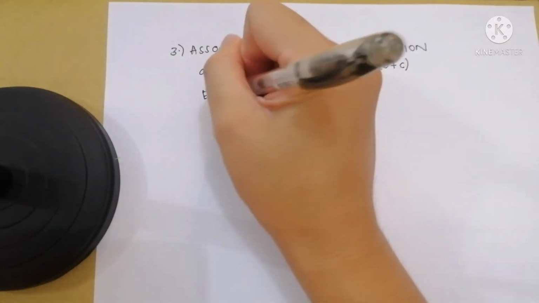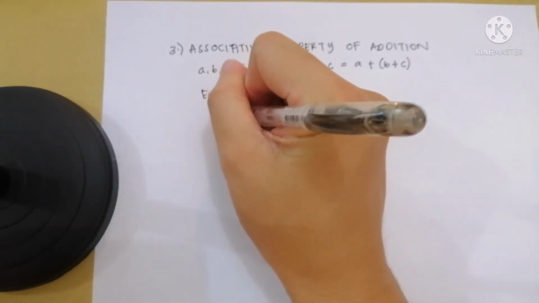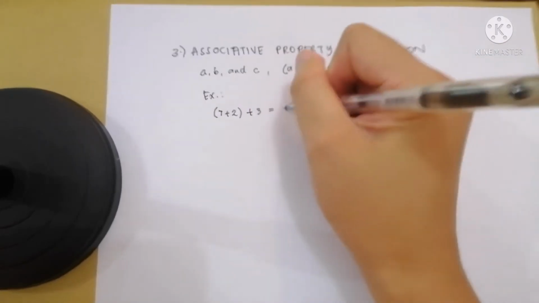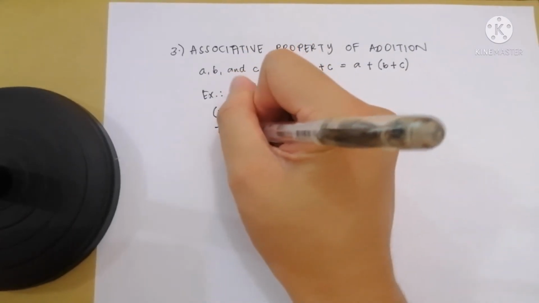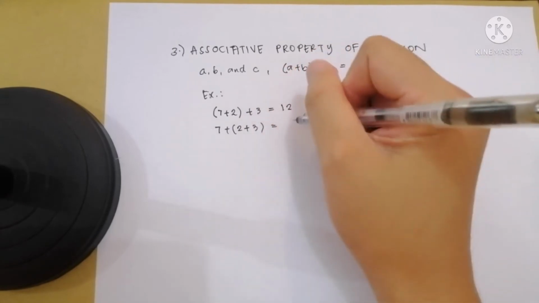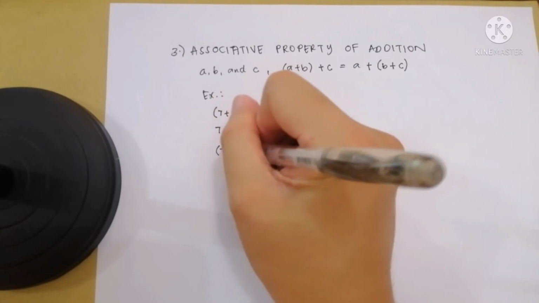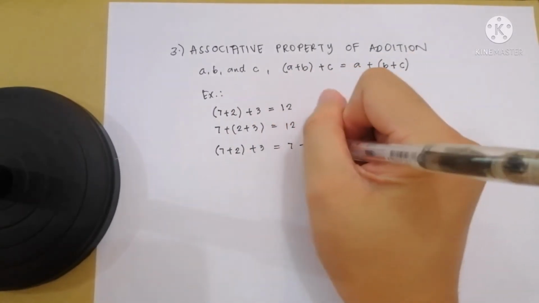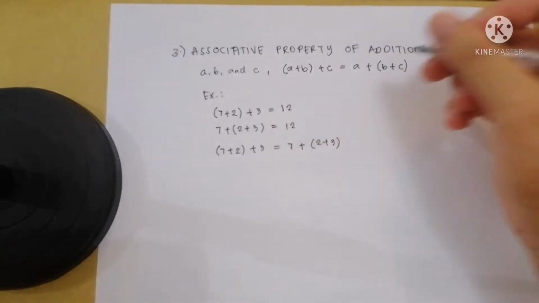Example, we have here the quantity of 7 plus 2, plus 3, which is equal to 12, and we have here 7 plus the quantity of 2 plus 3, which is also equal to 12. Therefore, we could say that the quantity of 7 plus 2, plus 3, is the same as 7 plus the quantity of 2 plus 3.